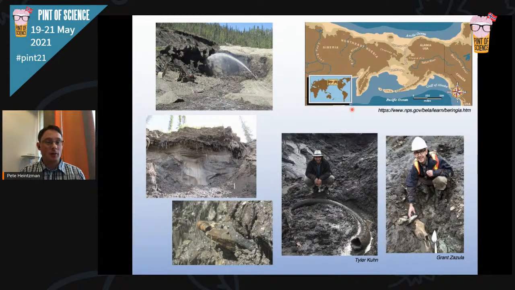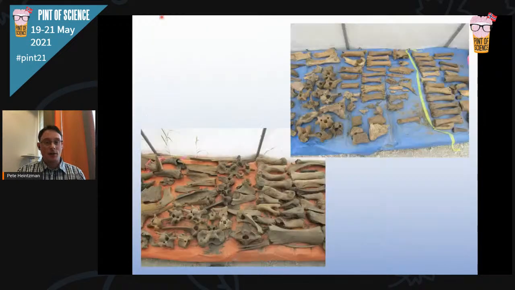In northwestern North America, these bones are washed out of the permafrost as people hunt for valuable minerals such as gold, as shown in the top corner here. There are lots of bones that come out of these deposits. This is a collection of megafaunal bones that were collected in a single day from a single locality.